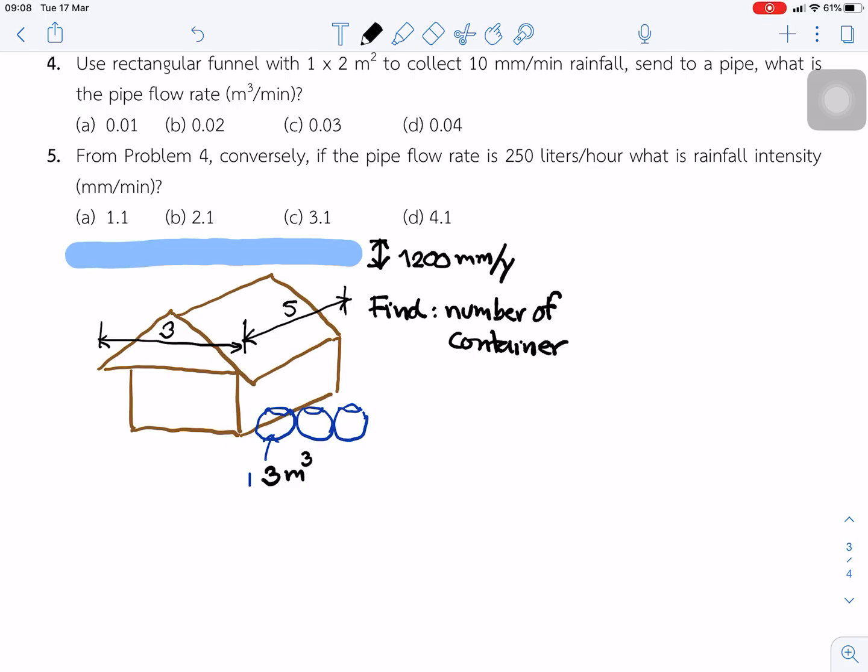So how many containers are we going to need to collect our water?